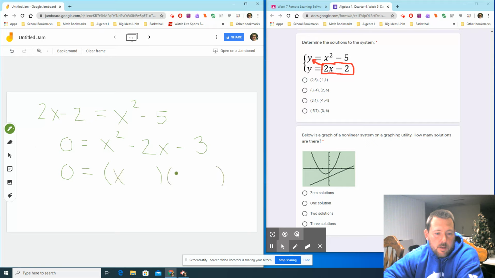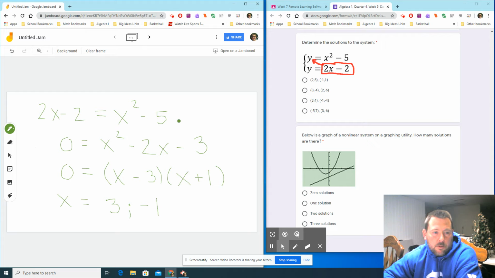We're going to go with a negative 3 and a positive 1. And then we're going to get our x value is equal to 3 and negative 1. Okay, that's not our point. Those are our x values.